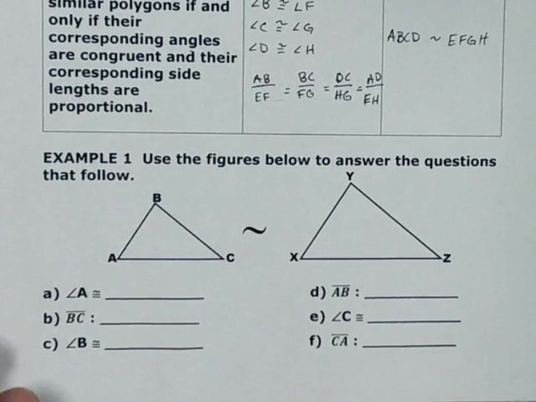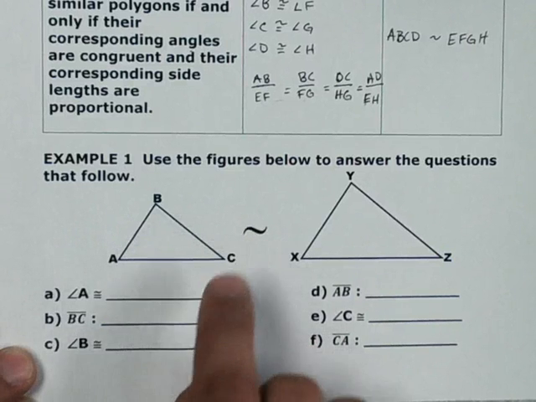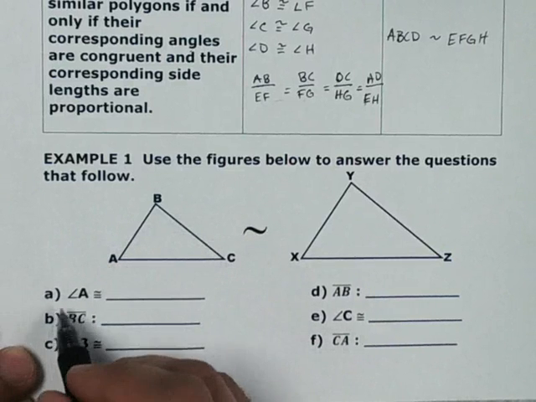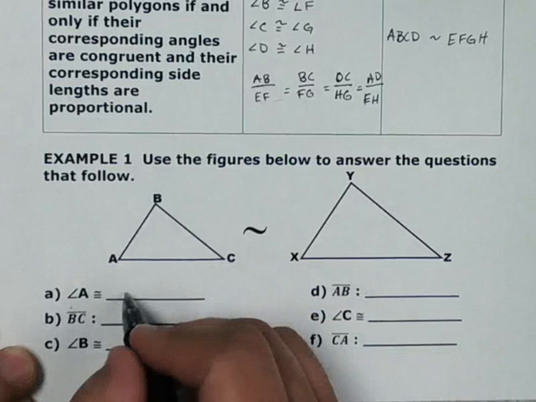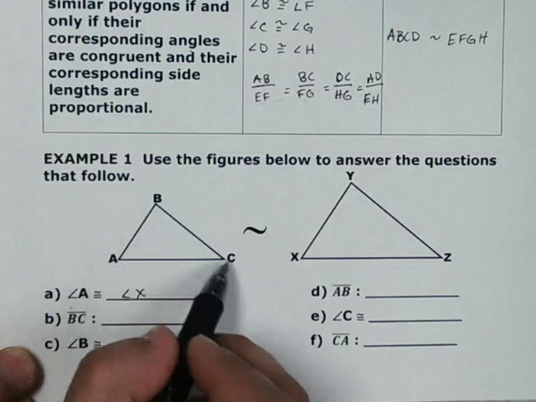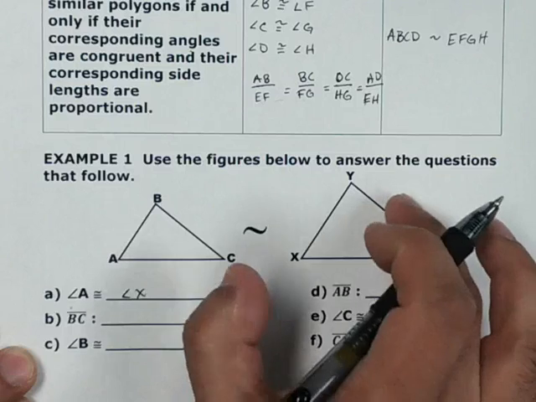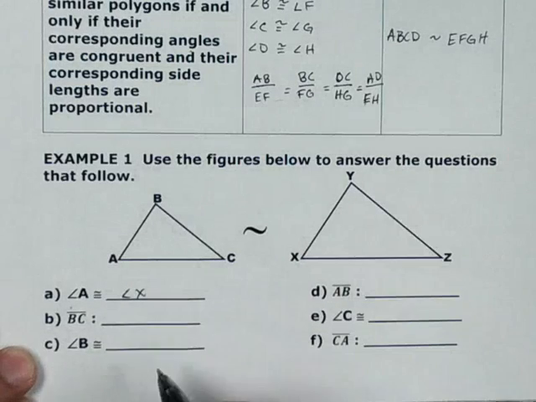Alright, this first example. I'm going to use the figures below to answer the question. So there's that similar symbol. That tells me that angle A would match and correspond to angle X. Side BC would be proportional to YZ.